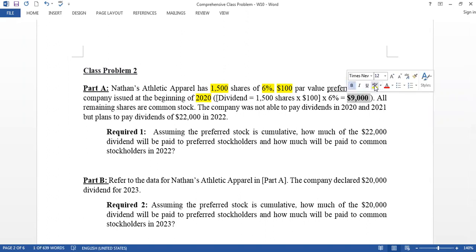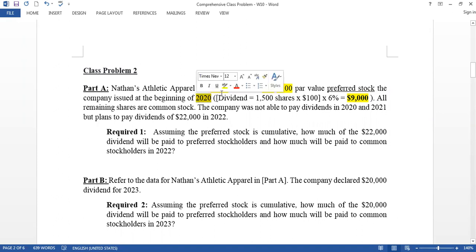We calculate this, right? So you have to do it from the very beginning: what is the amount of preferred stock dividend? The company sold this stock in the year 2020. As you buy this stock at the beginning of 2020, you have the right to receive the dividend, because you bought it from the beginning of 2020. Only 1,500 shares are preferred stock, and all remaining shares are common stock.